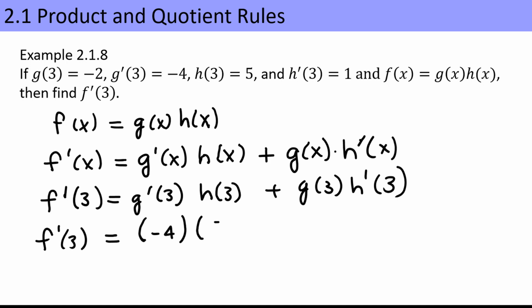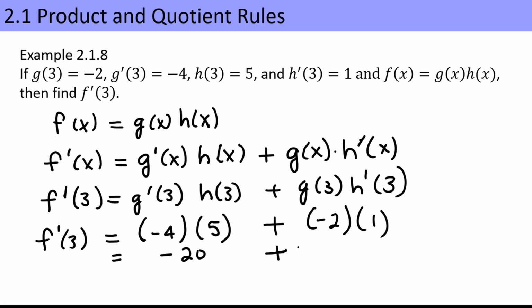H of 3 is 5. G of 3 is negative 2, and h prime of 3 is 1. Now we have a basic arithmetic problem. Negative 4 times 5 is negative 20, and then we'll do plus negative 2 times 1 is negative 2, so the sum of those two negative numbers is negative 22.